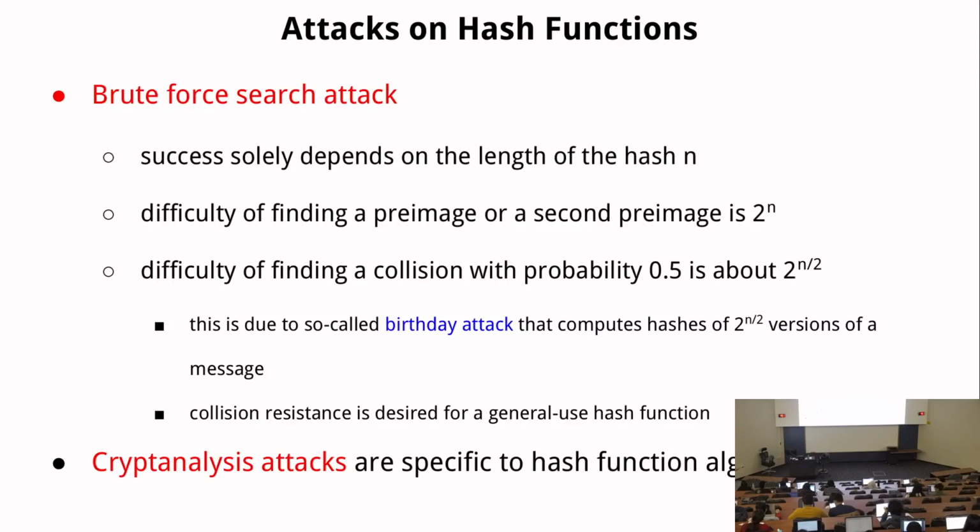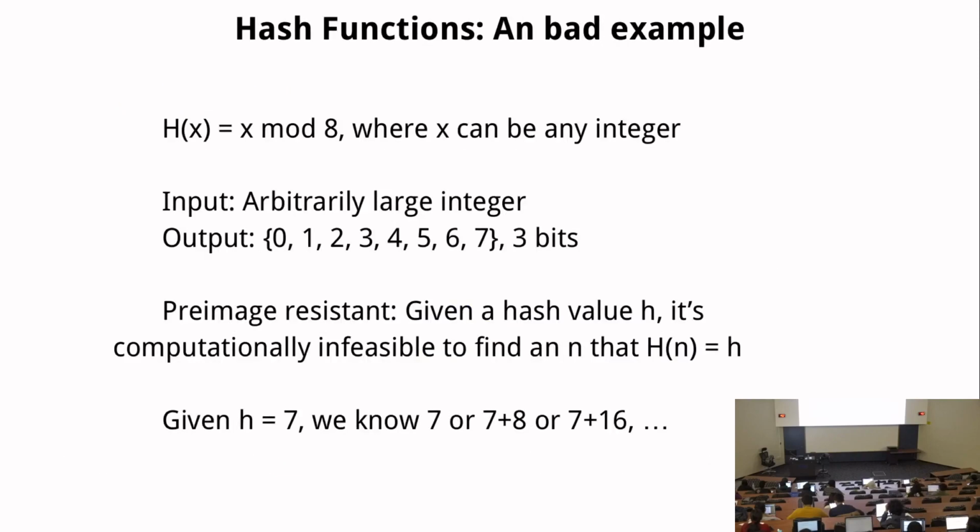The difficulty is quantified as needing 2 to the power of n trials to really find it. A lot of cryptanalysis was actually trying to find vulnerabilities of a hash function, so that it would be easier to find a collision. That's why we're not using MD5 anymore, because we found MD5 is vulnerable to many attacks. It's not as secure as it was originally thought.